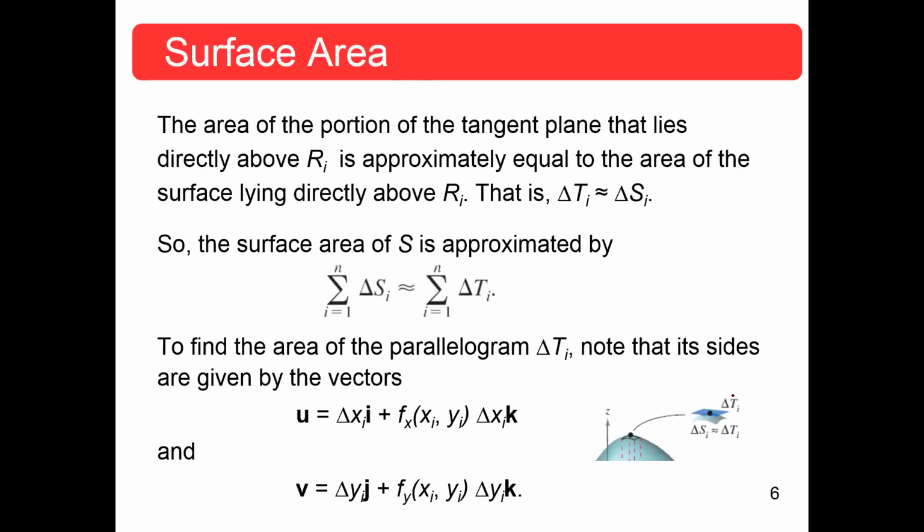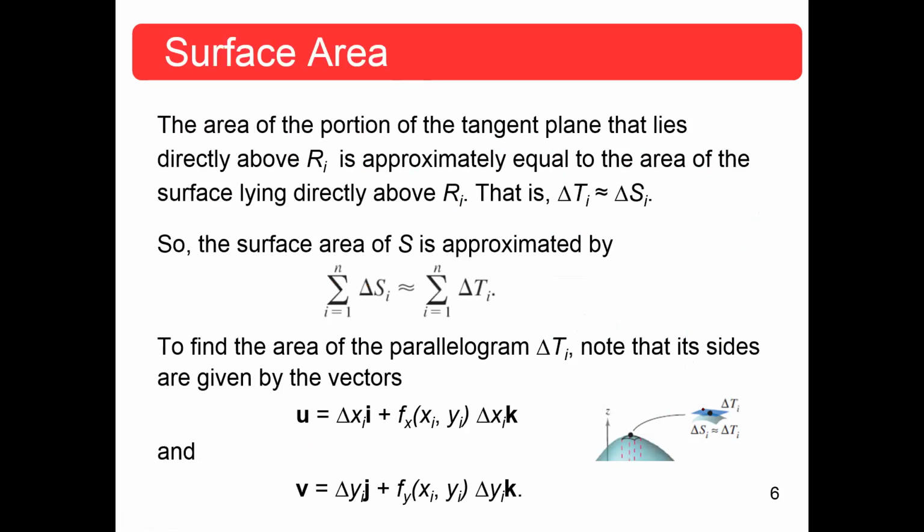Next, let's look at this tangent plane closely with the surface area we want to calculate. The area of the portion of the tangent plane that lies directly above R sub i can be approximately equal to the area of the surface lying directly above R sub i.